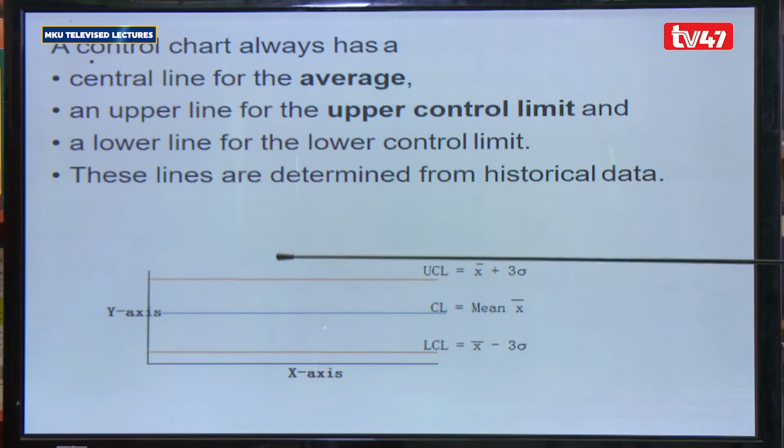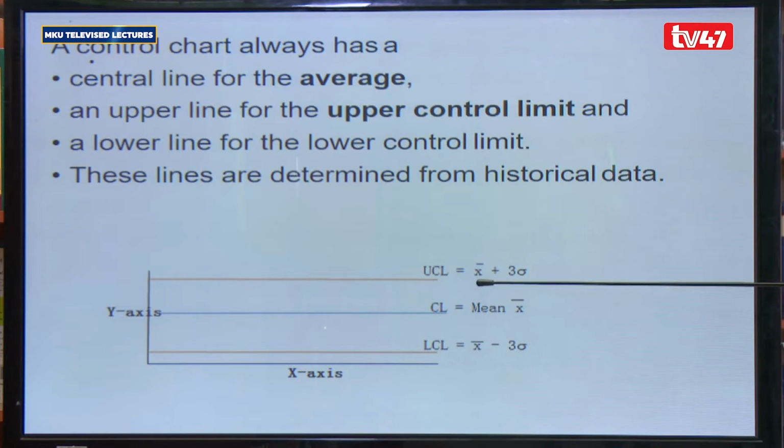Then we have the upper control limit here that is given by x bar, which is the sample mean, plus 3 sigma. In this case, sigma is the standard deviation, and then we have the lower control limit, which is given by x bar minus 3 sigma.